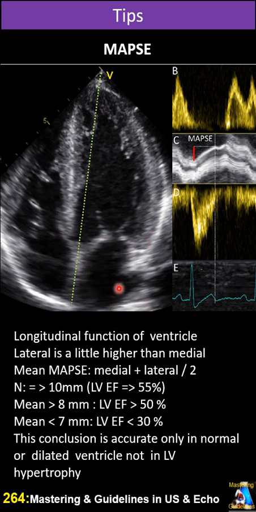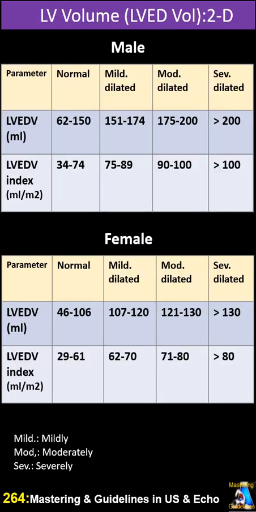When we have cardiac surgery or mitral or aortic valve calcification or replacement of the mitral valve or aorta, those will not be too reliable. Here we have left ventricular volume in different gender and volume index too, and grading of the enlargement or dilatation of the left ventricle.